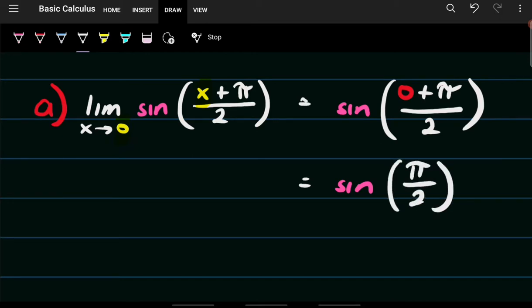Now the question is, what is the value of sine pi all over 2? For radians, pi is equal to 180 degrees, so pi all over 2 is 90. So sine 90 is equal to 1. And that's it. This is our final answer: the limit of sine of x plus pi over 2 as x approaches 0.